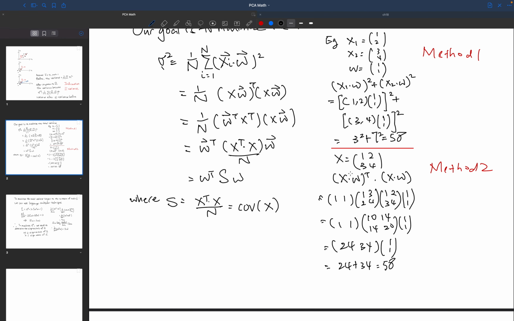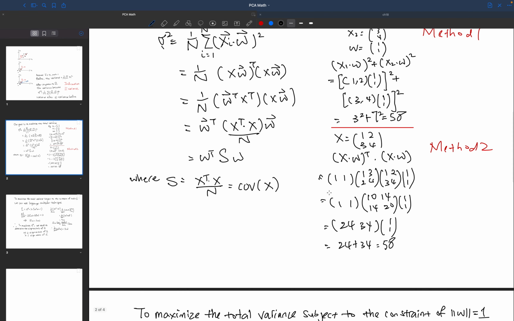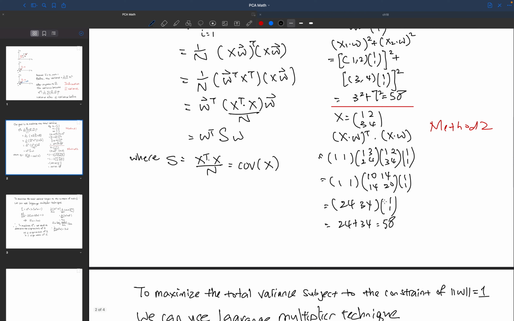We can compute the variance by taking the matrix multiplication of X and w, transposed, and X matrix multiplication with w. Then you go through the matrix multiplication and you get the same number as the first method.